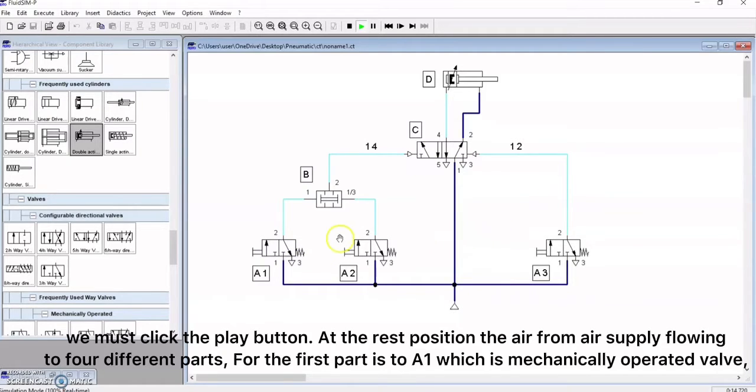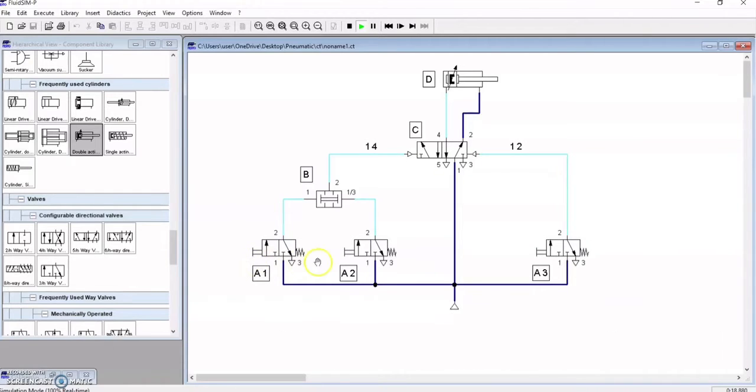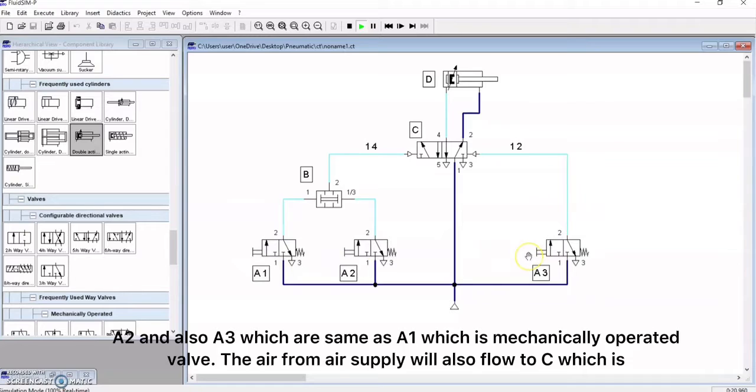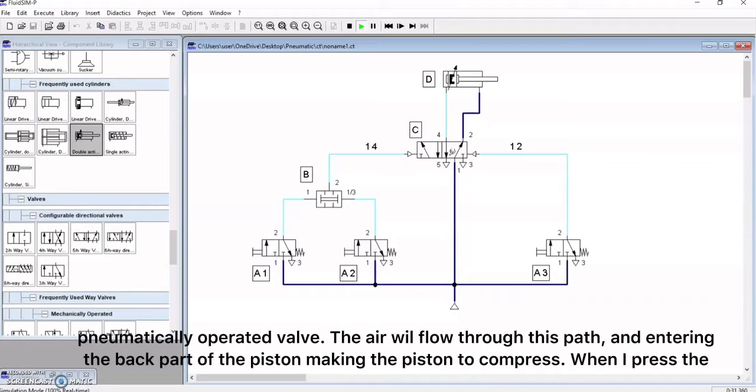The first part is to A1, which is a mechanically operated valve, and A2 and A3, which are the same as A1, mechanically operated valves. The air from the air supply will also flow to C, which is a pneumatically operated valve. The air will flow through this part and enter the back part of the piston, making the piston compress.